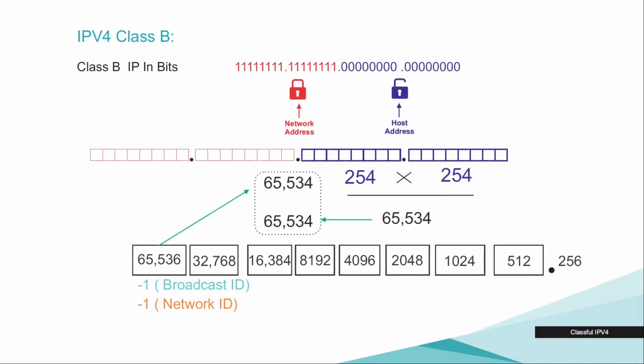For the total hosts number, we can calculate it. So 254, which is the total hosts for one octet, times 254, the total number will be 65,534. Or we can calculate it by the bits number. So the 8 bits give us 256, 9 bits will be 512, 1024, 2048, 4096, 8192, 16,384, 32,768, and lastly, the 16-bit will give us 65,536.